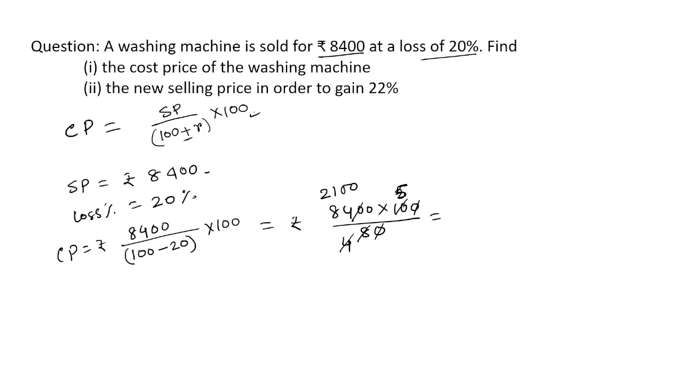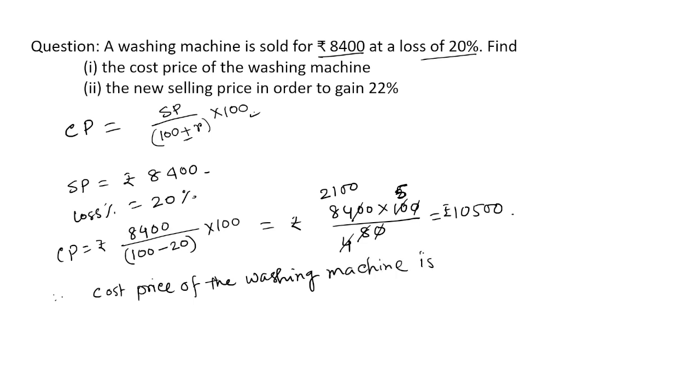Now 21 into 5 is 105 and 2 more 0s, I have rupees this. So the cost price of the washing machine is rupees 10,500. So this is the solution of 1.